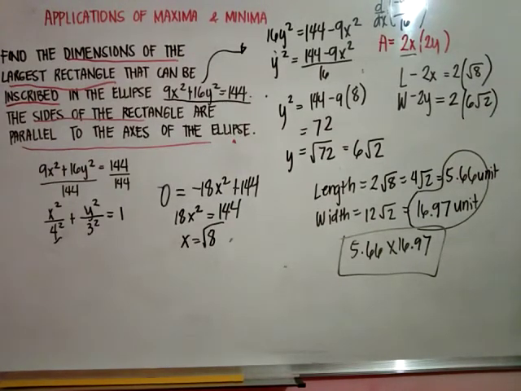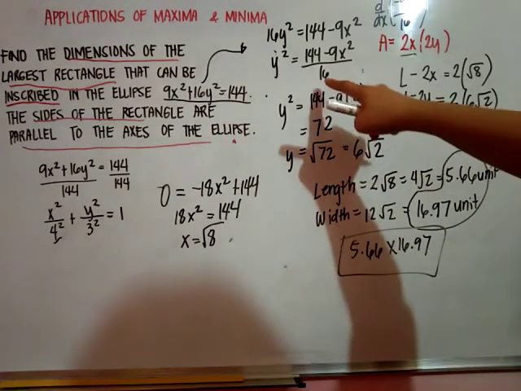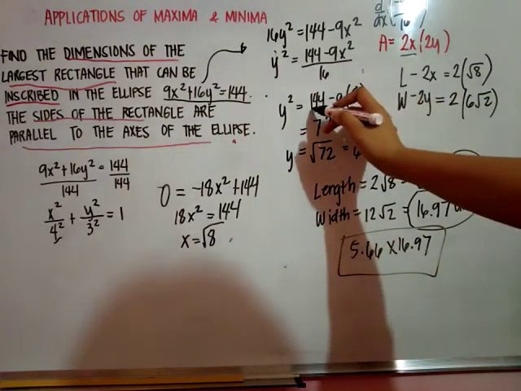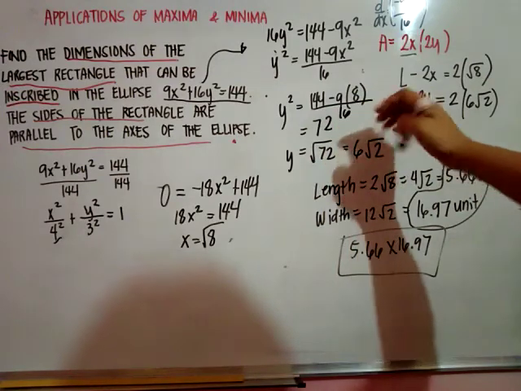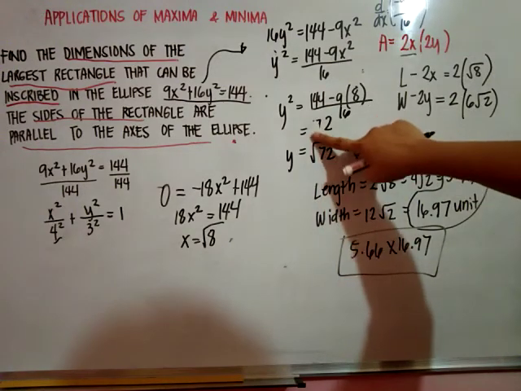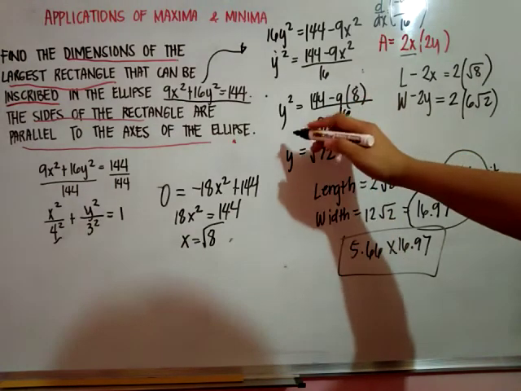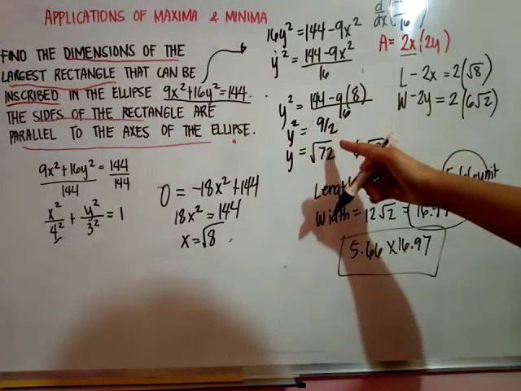So wait lang, may error. So dito, nakalimutan kong mag-divide 16. So dito, 'di ba? May divide 16 tayo dito. Nakalimutan ko. So, we have 144 minus 72 divide 16 is 9 halves. So, dito, we have 9 halves. So, we have the y squared is equal to 9 halves.